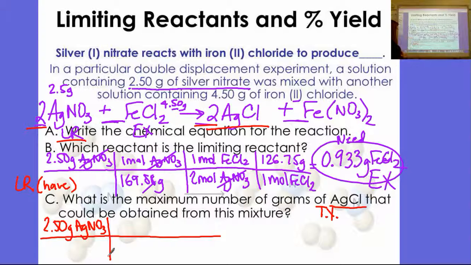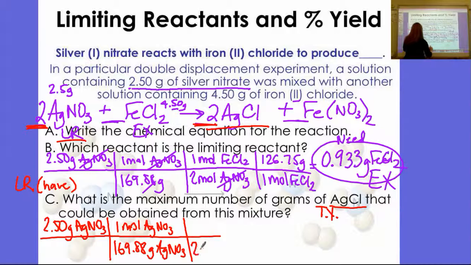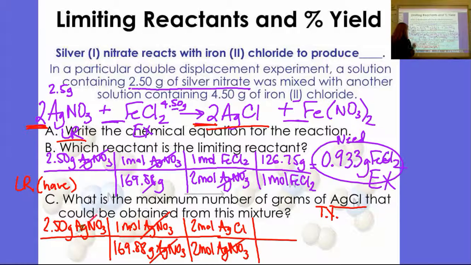Again, grams to grams, 3 steps. I need the molar mass, 169.88 grams of silver nitrate is in 1 mole of silver nitrate. Mole ratio, we said 2-to-2. 2 moles AgNO3 equals 2 moles of AgCl, but I didn't want to get to moles. I need to get to grams.